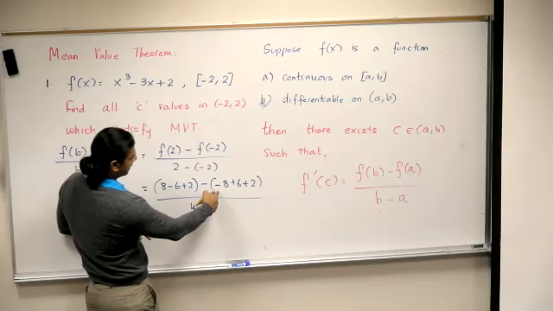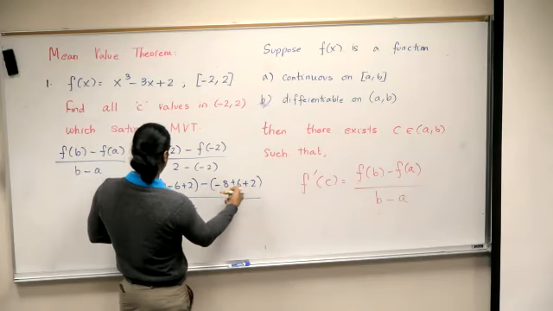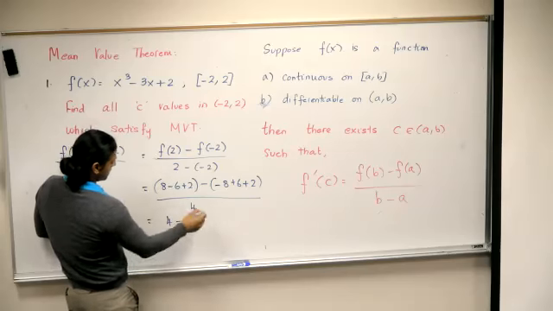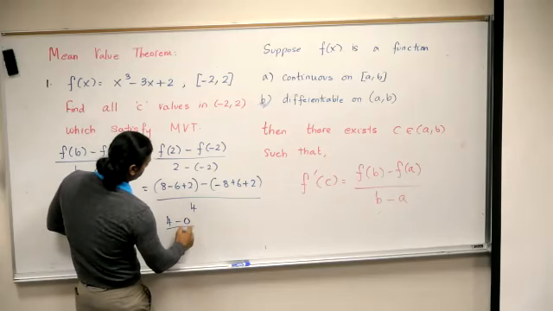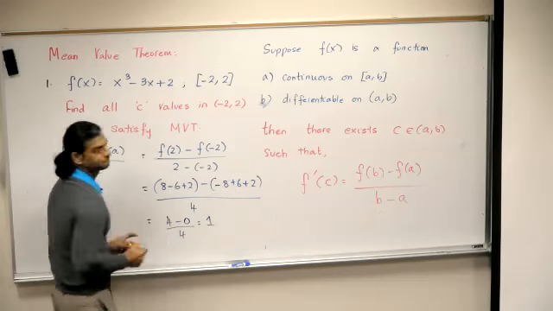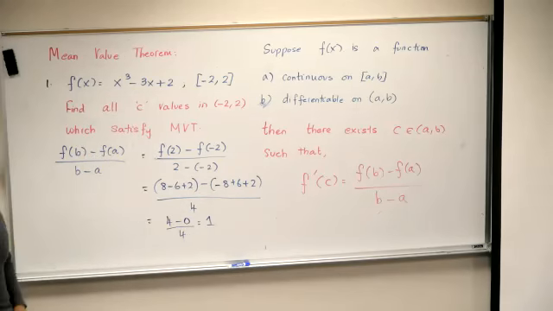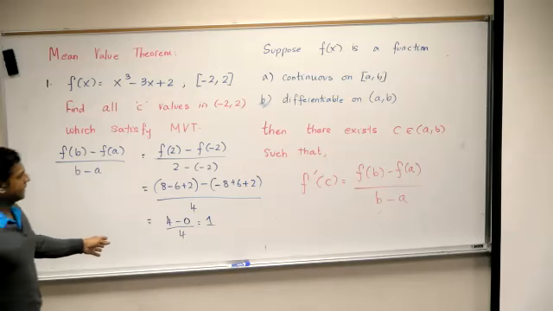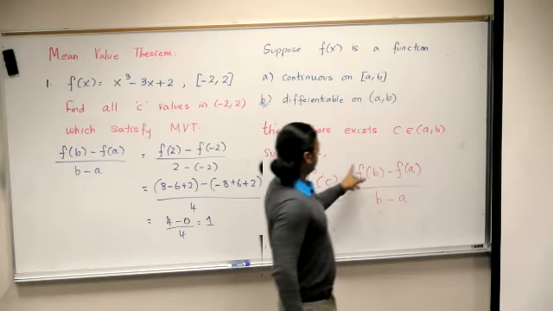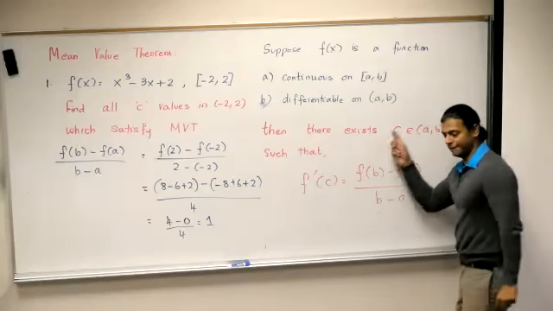Six minus 8 minus 2 minus 2 plus 2 is 0. So 0 divided by 4, I get 1. So that is the right-hand side of the mean value theorem.